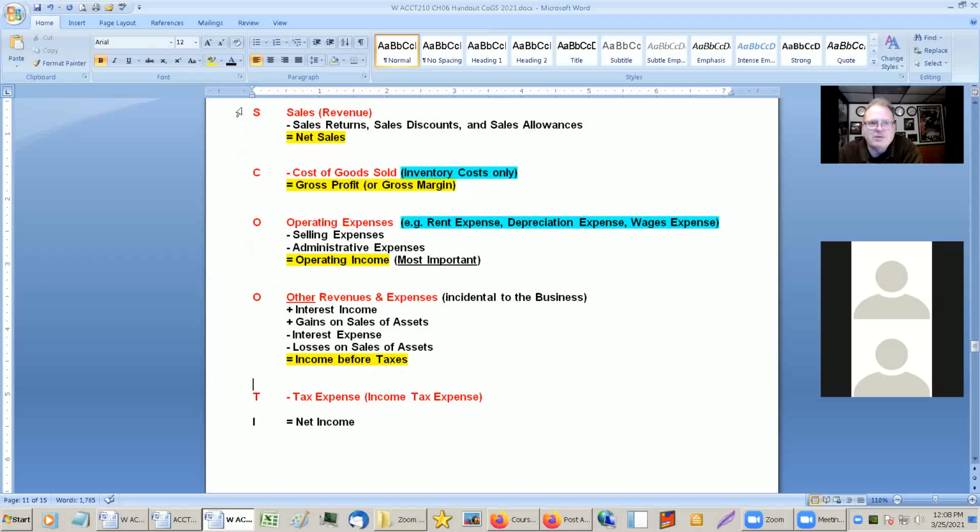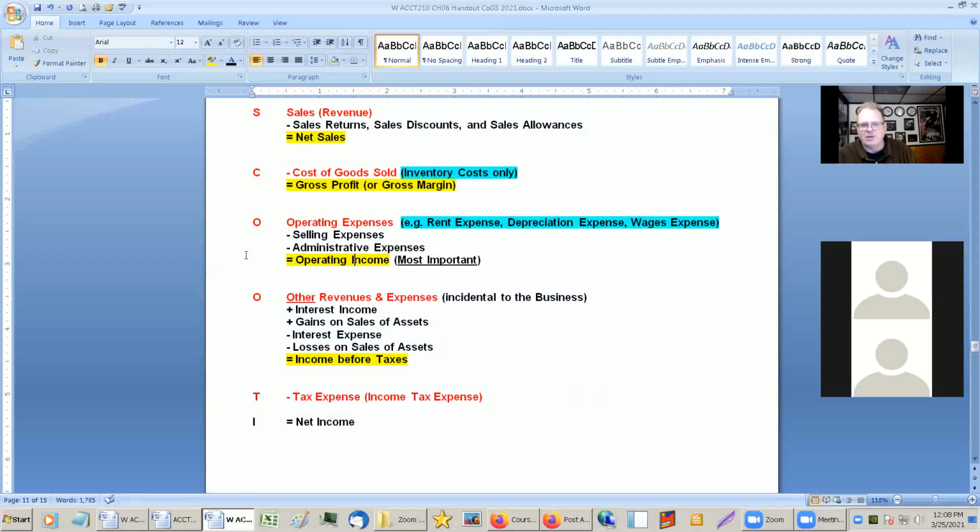So a lot of times, right down to the operating income is where a lot of finance people draw the line. They say, okay, this is the most important number. How much did General Motors make selling cars? We know that there's this other stuff that went on, the taxes, those are different calculations altogether.